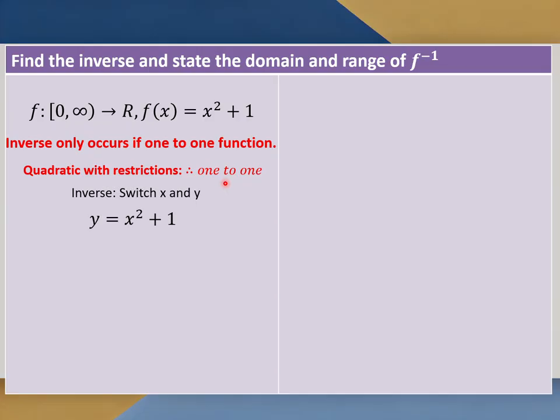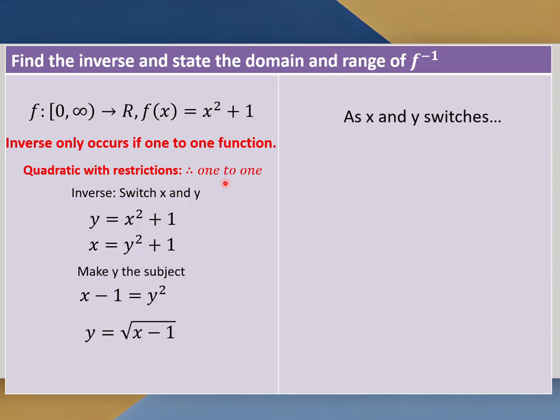So we've got y equals x squared plus 1. I'll switch it to x is equal to y squared plus 1, and then I'll make y the subject. So I will take 1 away, and then square root. So I've got y equals the square root of x minus 1. As x and y switch, the domain of my function turns into the range of my inverse.